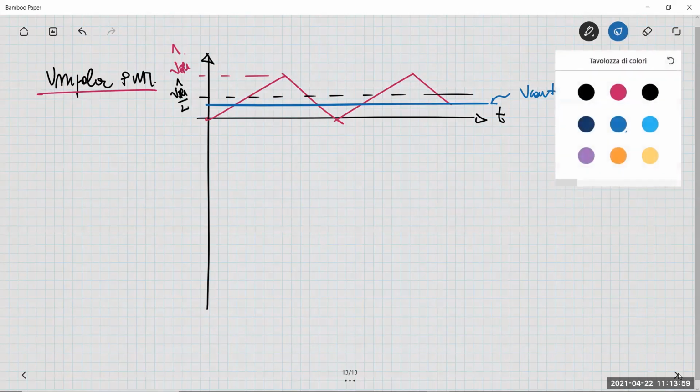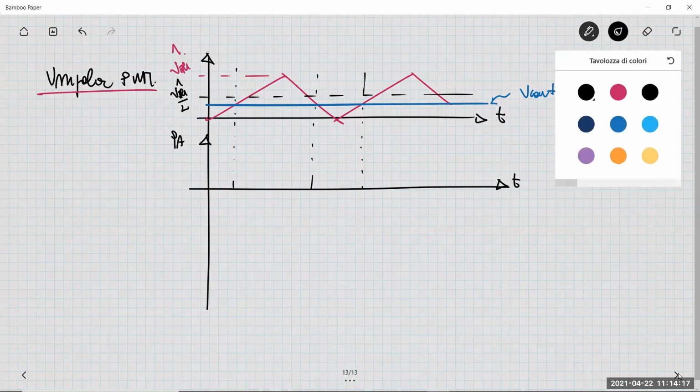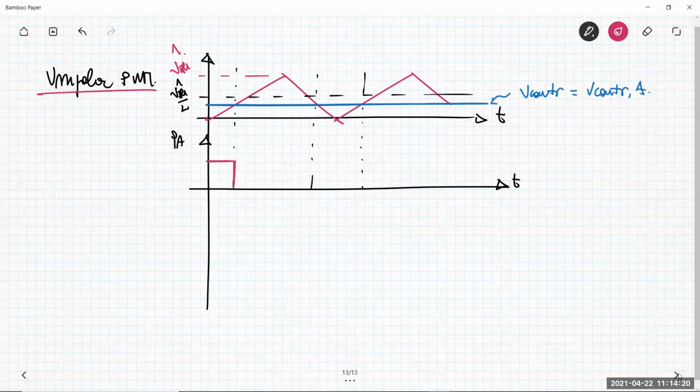Okay, so let's start with QA. Standard classical rule for generation of QA from V control A, and we get this waveform. Okay. Now, what happens for the control voltage of the leg B?